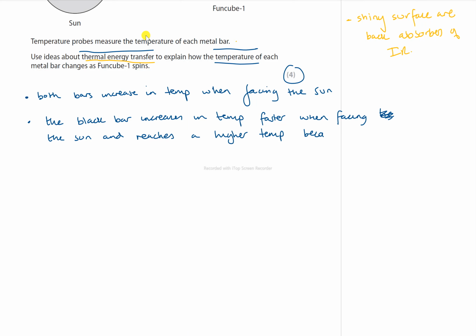Why? Because black is a good absorber of infrared radiation.